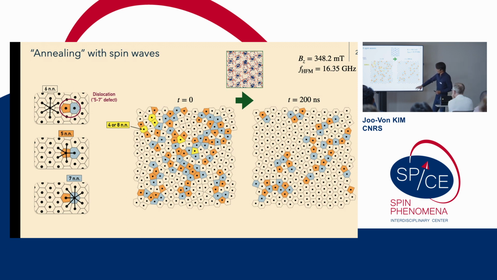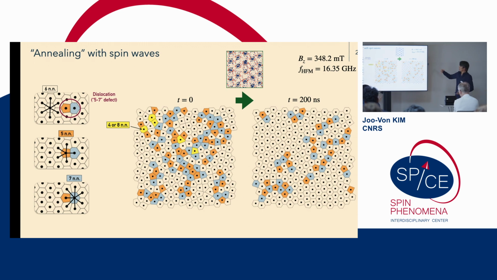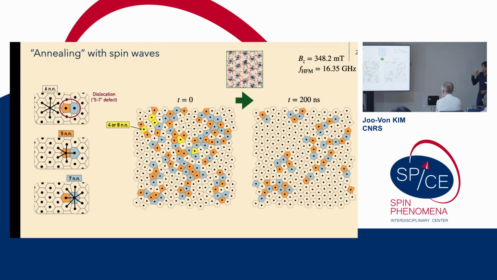Here again is a Voronoi construction of the skyrmion lattice, where shown in orange and blue are defects where one has only 5 nearest neighbors, and the blue has 7 nearest neighbors. There are some yellow squares which correspond to other numbers, but basically they give you an idea of where the defects are. And again, after the application of this RF field generating spin waves, we see that we have ordered the lattice somewhat by reducing the number of defects in the system.